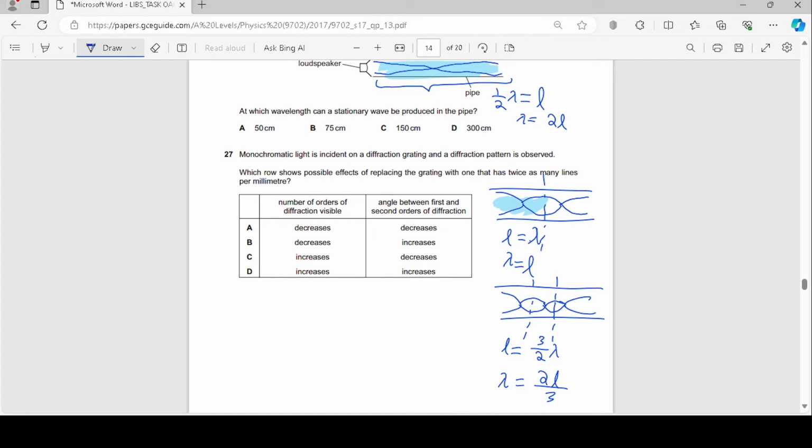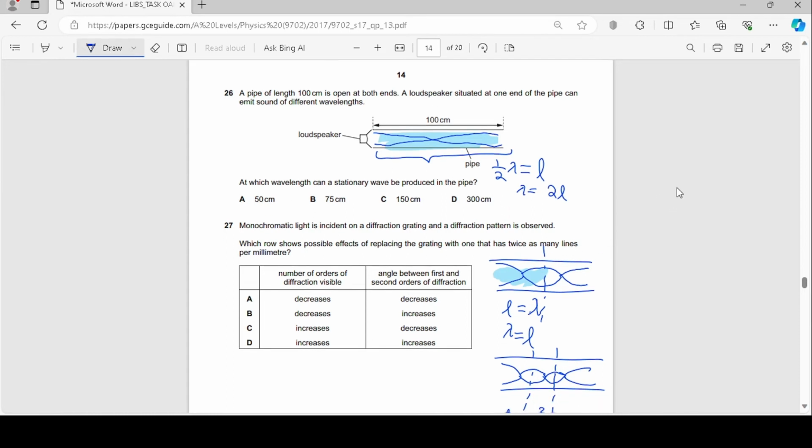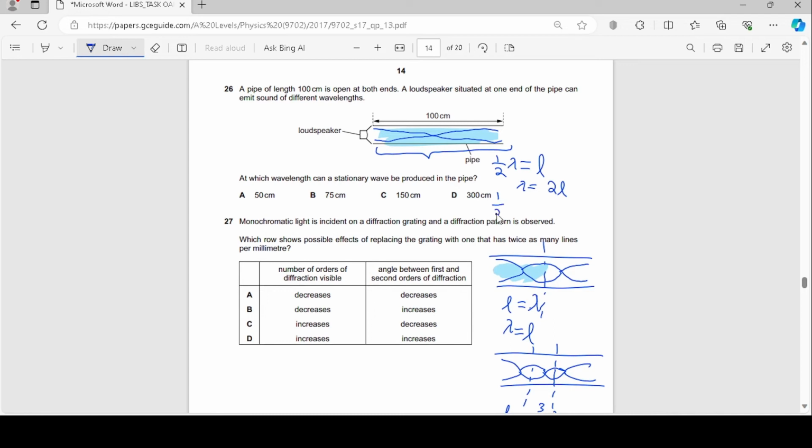Anyways, now I have these equations, so let me substitute. They said at which wavelength can a stationary wave be produced in the pipe. If I take 100 as the length and substitute it to find which wavelength I need, then I get half times 100 equals 50 centimeters.